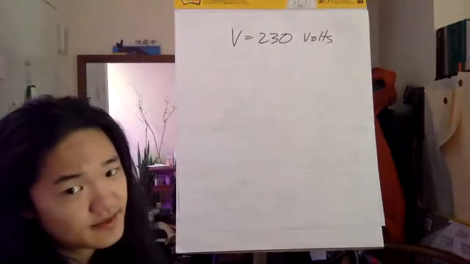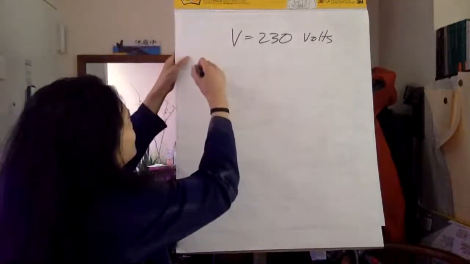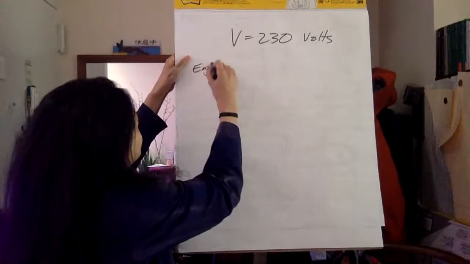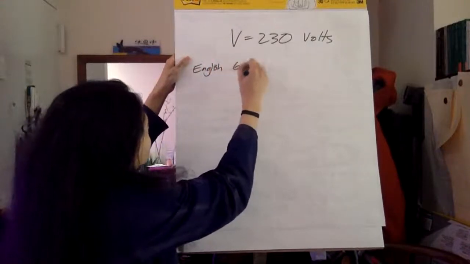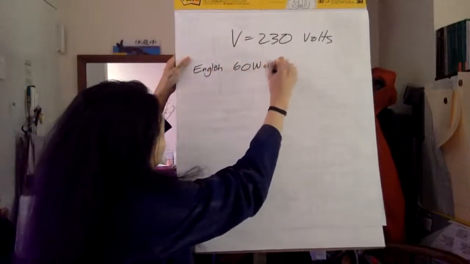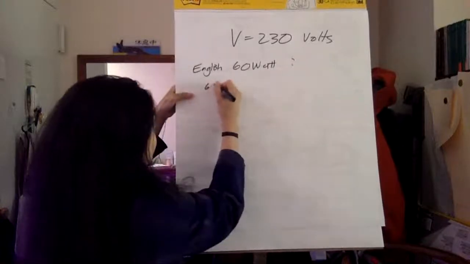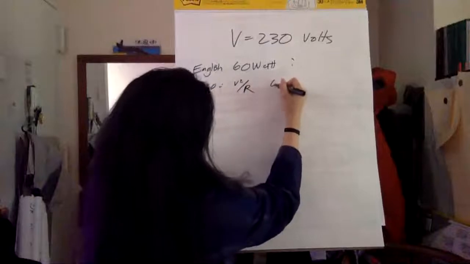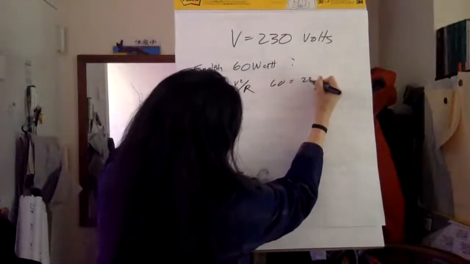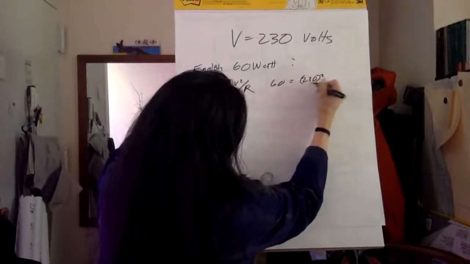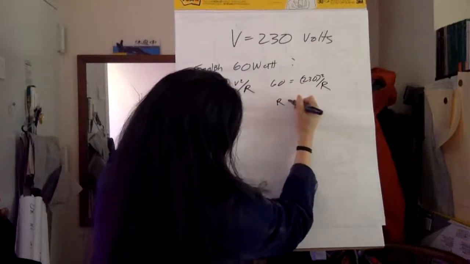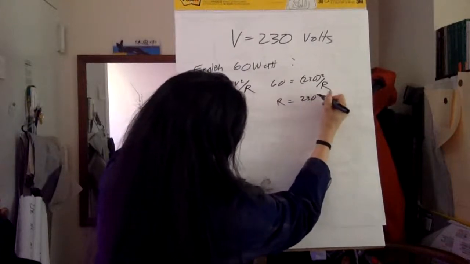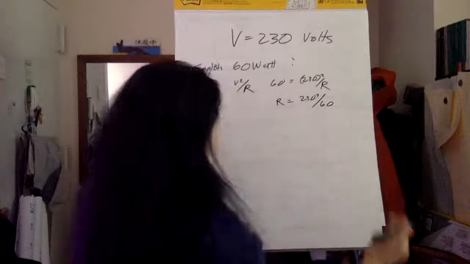So what would an English 60 watt bulb be? Well, let me do this calculation. So 60 equals 230 squared over R. So R is 230 squared over 60.